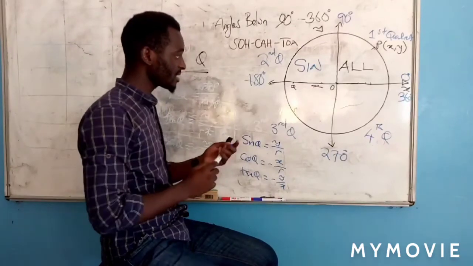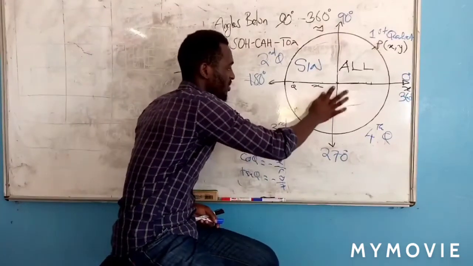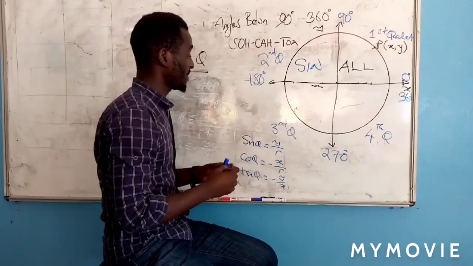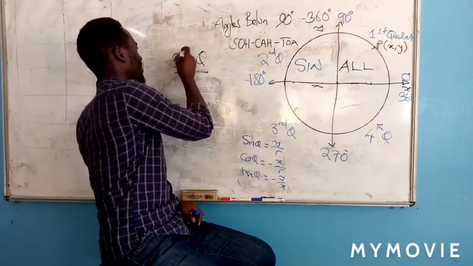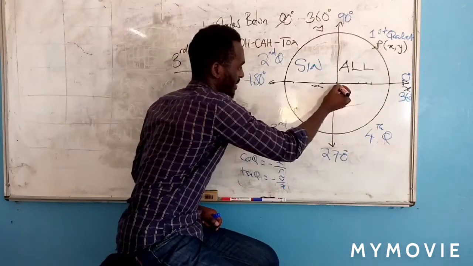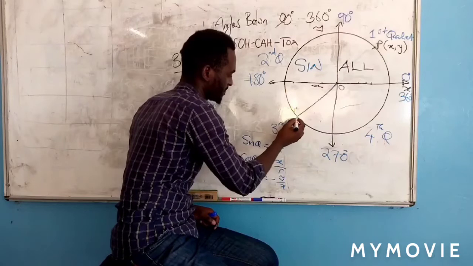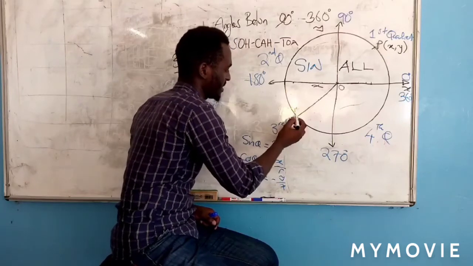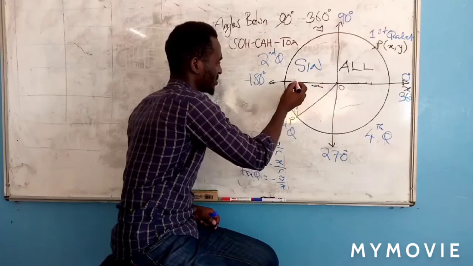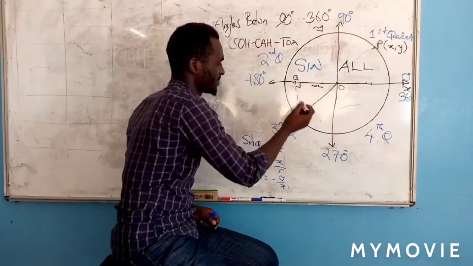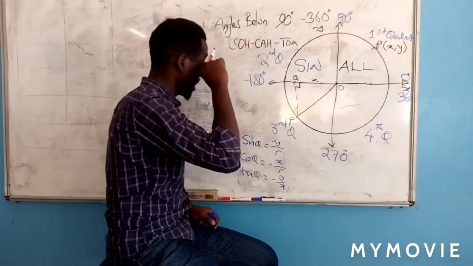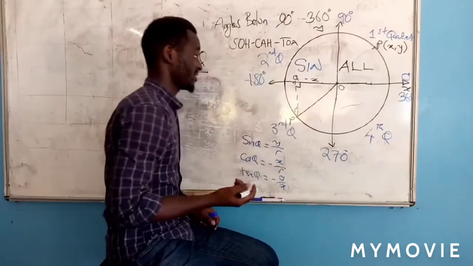Now allow me to progress to the third quadrant. So this time we're doing the third quadrant. Let's have our point P here. I'm going to have my imaginary line again, like that. I'm going to call this point Q. So this still remains the x, and this x is negative.